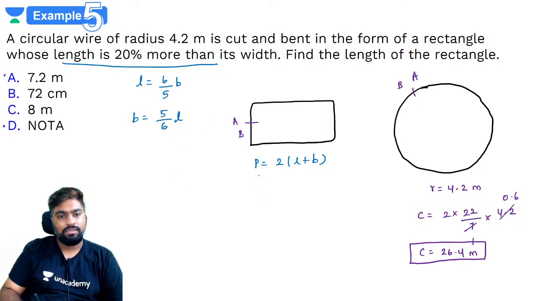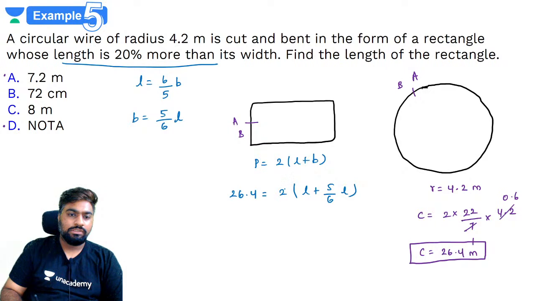Direct length will come. So the perimeter is 26.4 meters, which is 2 into length plus 5/6 length. So this is once, this is 13.2. 11L/6 is 13.2.